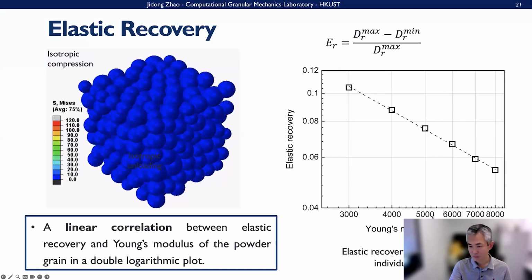Mind you that this plot is in a log-log scale rather than a natural scale. So that is related to how the modulus of each individual powder grain will affect this elastic recovery.